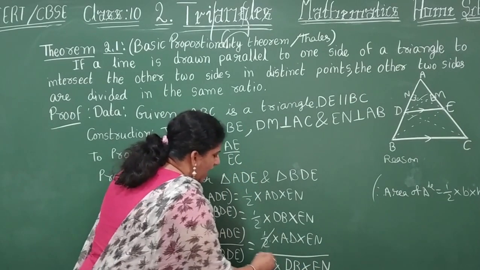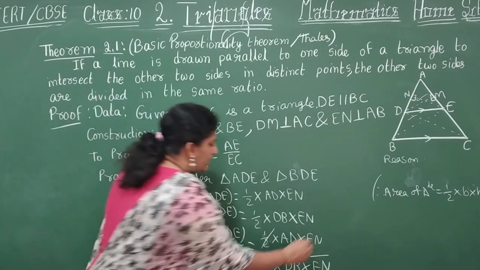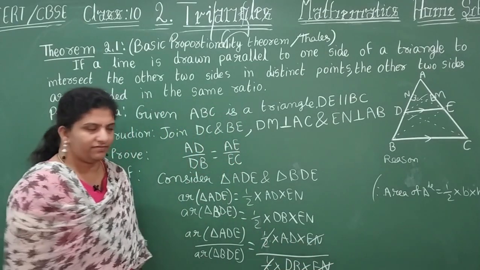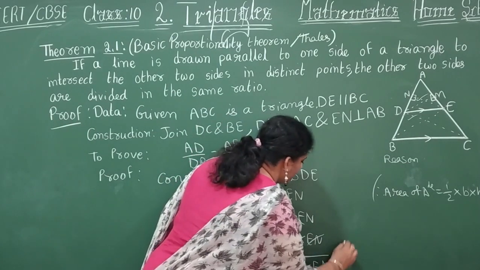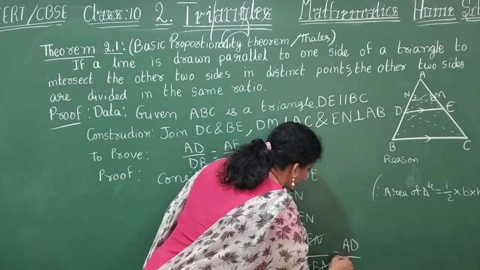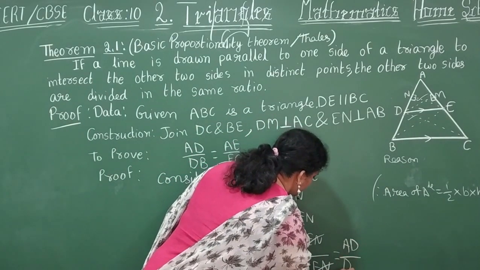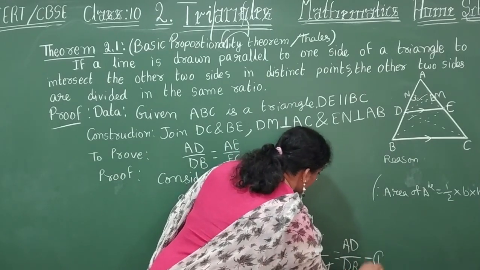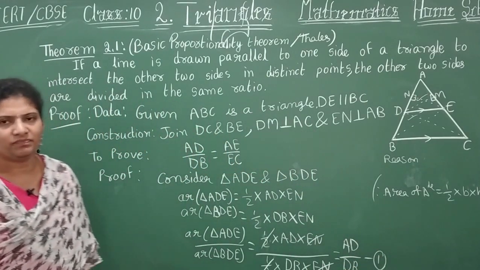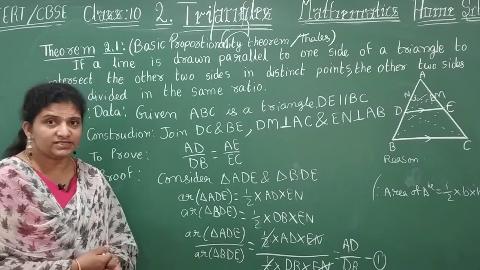So now half cancels, EN cancels. Finally, what are you left with here? AD by DB. Mark it as the first equation.